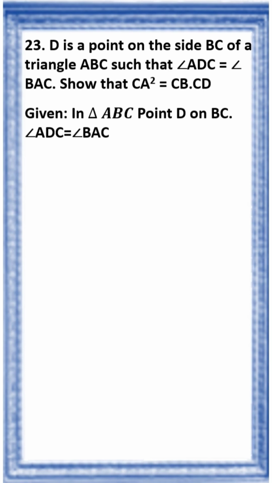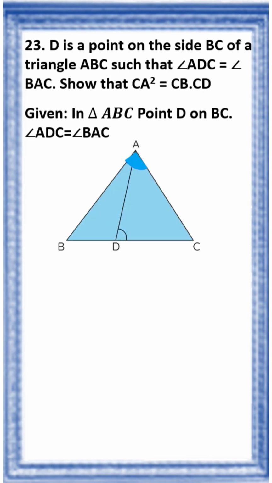In triangle ABC, point D is on BC, angle ADC is equal to angle BAC. Now let us have the corresponding figure. To prove: CA square is equal to CB into CD.